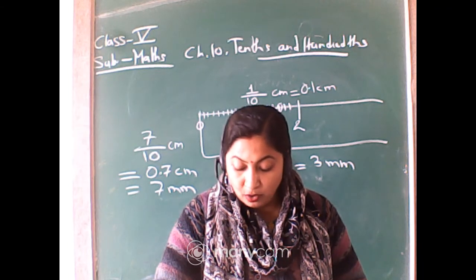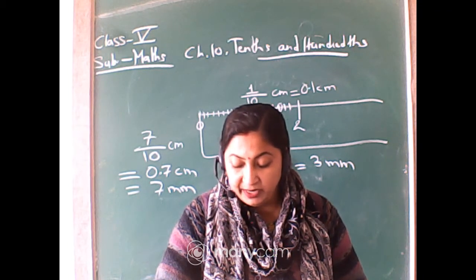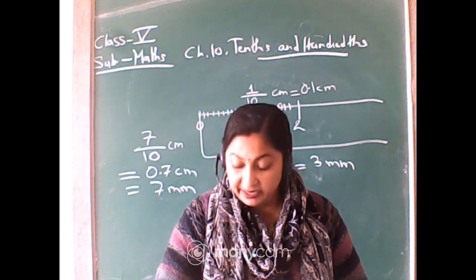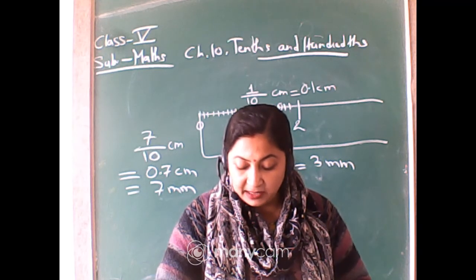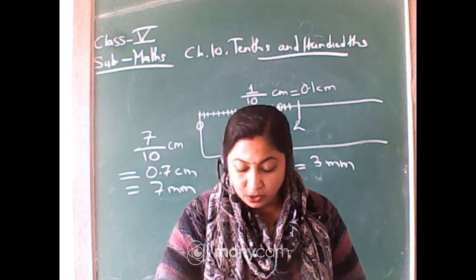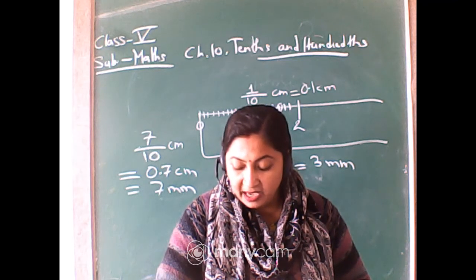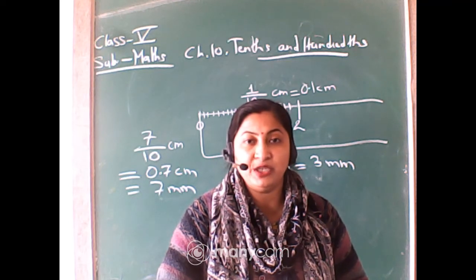We also call 1/10 of a centimeter 0.1 centimeter. We read it as 0.1 centimeter. So 1 millimeter is the same as 0.1 centimeter.